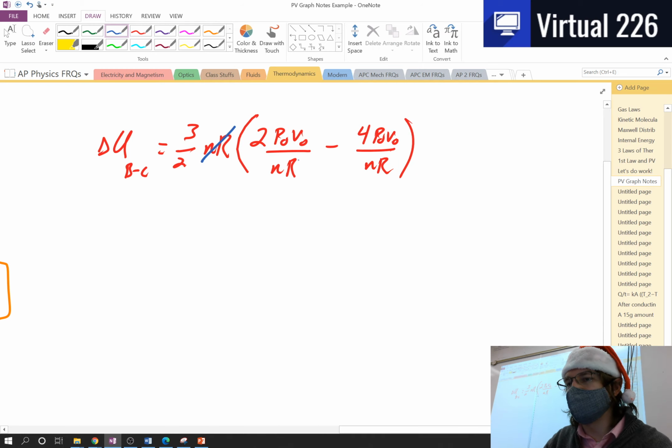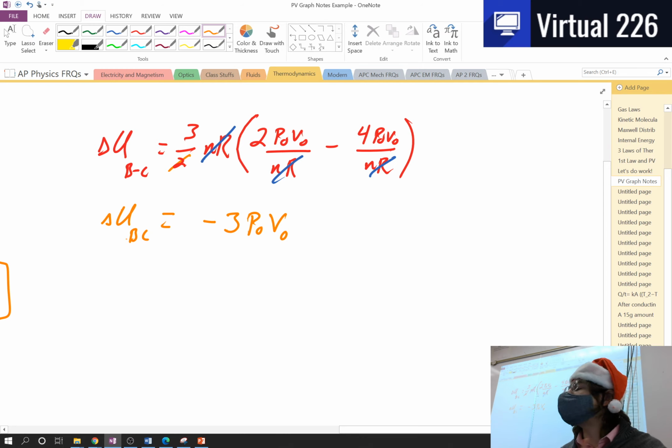The NRs wipe, and it wipes on both because that's a distributive property of multiplication there. What we have here is 2 minus 4 is -2. Interesting enough, the -2 here will actually be divided out with that 2 down there. And we're going to get here just -3 P naught V naught going from B to C.